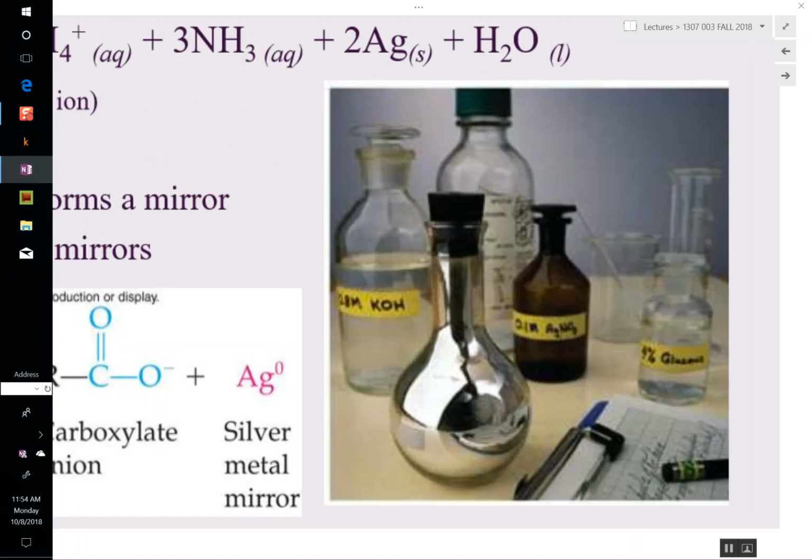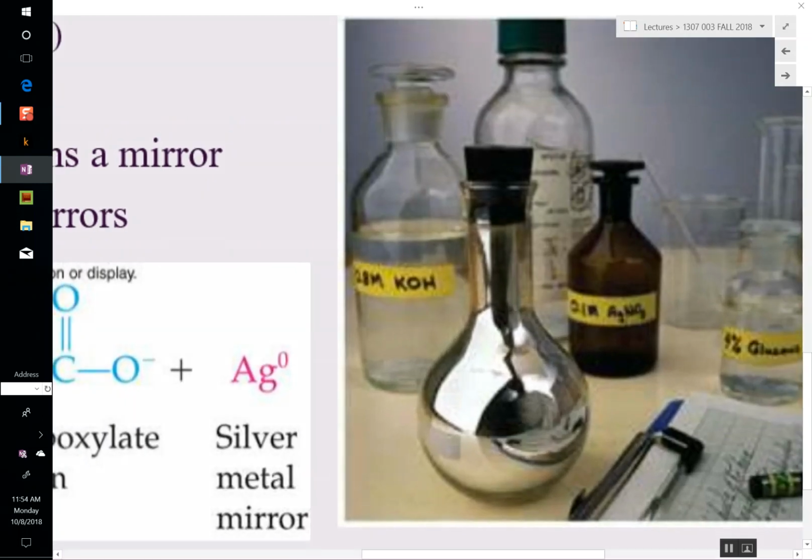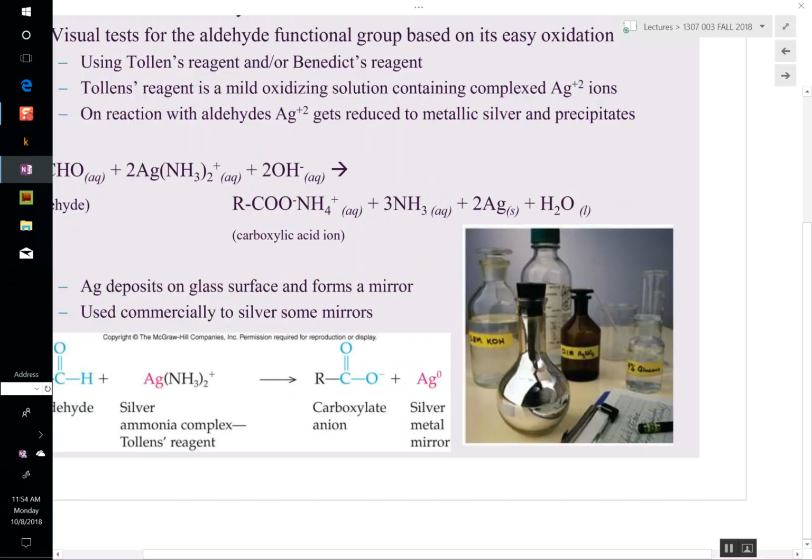And what do you see on a positive Tollens test? The inside of the glass test tube or flask, whatever you're doing it in, turns into a mirror. The silver actually plates out on the glass, and you form a mirror. And that is a positive indication that an aldehyde was present. That's a Tollens test. It's kind of a neat test when it works.